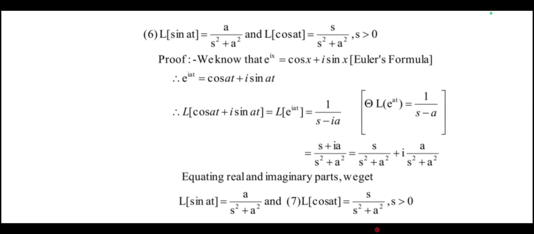So we have s by s square plus a square plus i into a by s square plus a square. Now equating real and imaginary parts, we get L of sin at equal to a by s square plus a square, and L of cos at equal to s by s square plus a square.